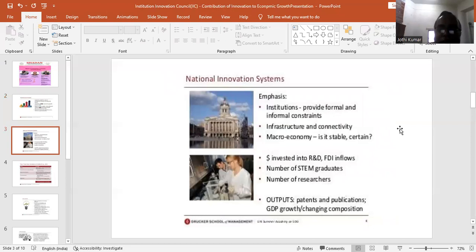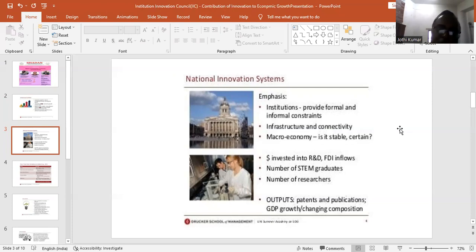So we are emphasizing the institutions to provide formal and informal constraints, like the infrastructure and connectivity, and whether the macroeconomy is stable. We are now using the number of graduates, postgraduates, and researchers who are utilizing the innovation system.